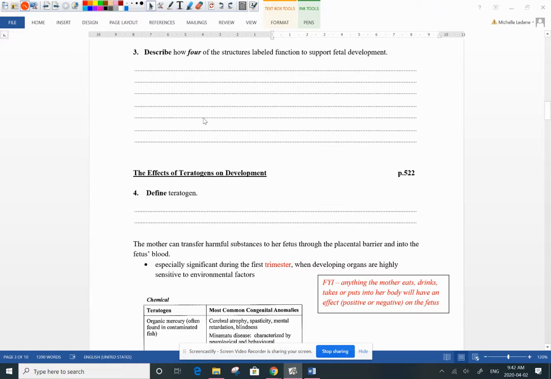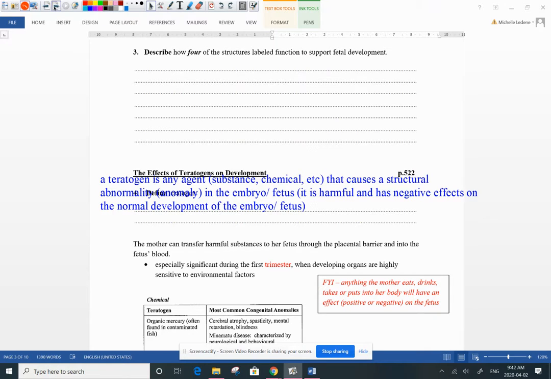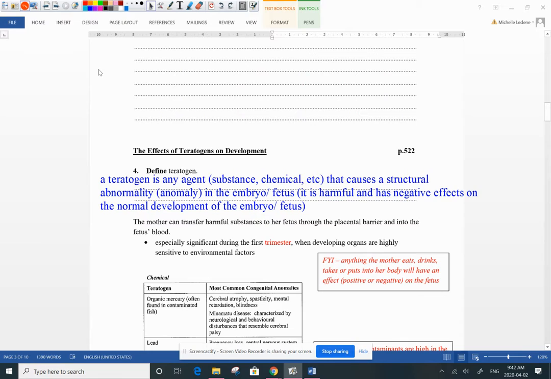Typically in the past on the diploma, there have been questions on teratogens. They will never ask you for specific details on a teratogen. All you really have to understand is that a teratogen is any agent, any kind of substance or chemical, that mom is exposed to during pregnancy that causes a structural abnormality, an anomaly, some kind of abnormal development in the embryo or fetus, right?